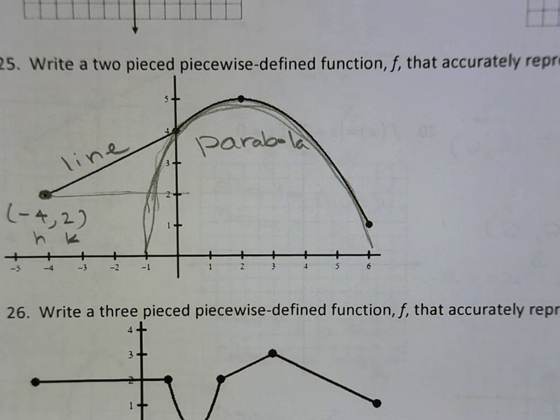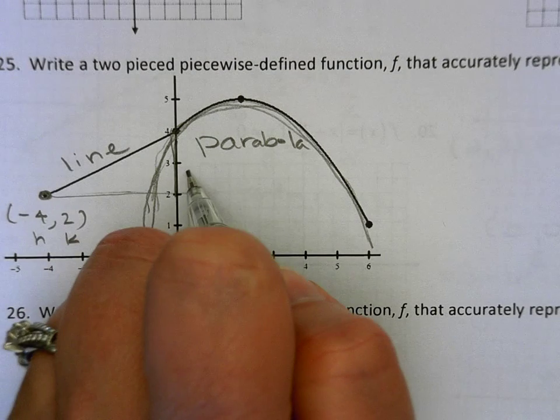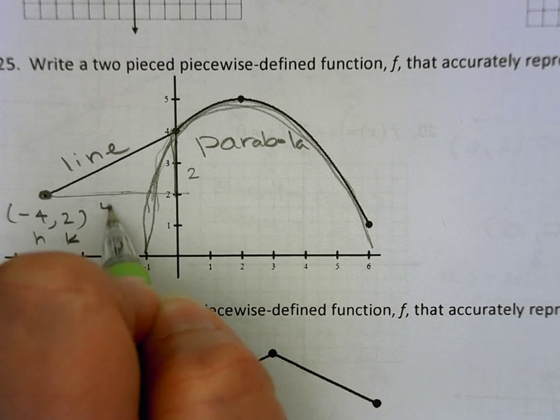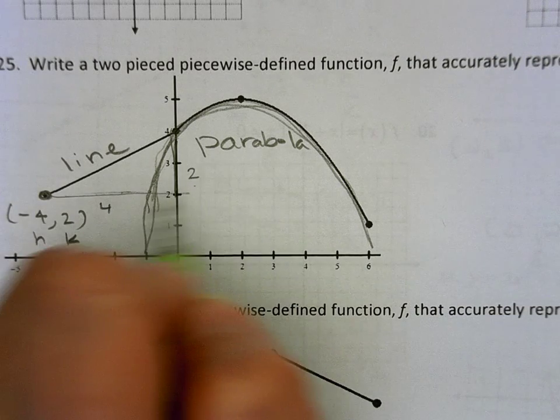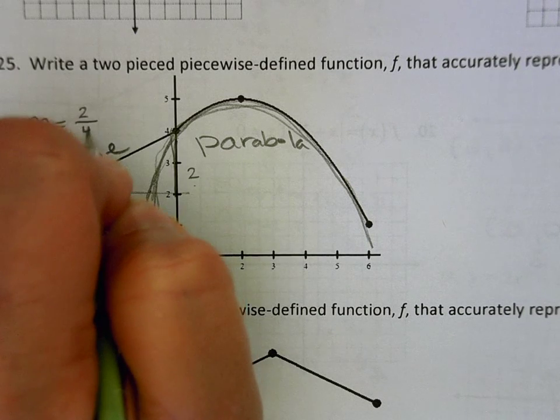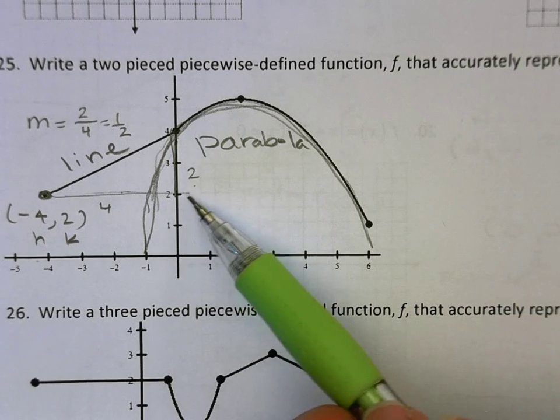And then for my slope, rise over run, there's 2, let's see, 4. So my slope, rise over run, would be 2 over 4, or 1/2. I'm just counting, so up 2 over 4.